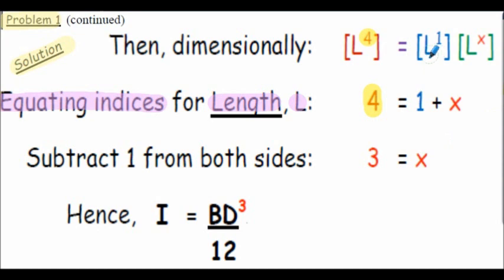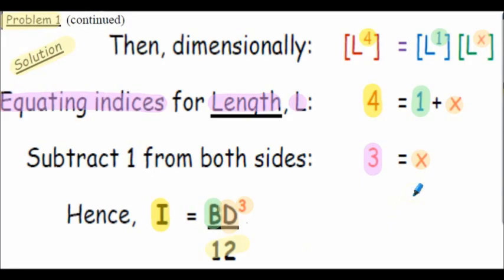On the right hand side we have L to the power of 1, so 1 on the right hand side, and L to the power of X. So my equation generated by equated indices is 4 is equal to 1 plus X. Subtracting 1 from both sides, then 3 is equal to X. So we can now state our formula as I is equal to BD cubed divided by 12.